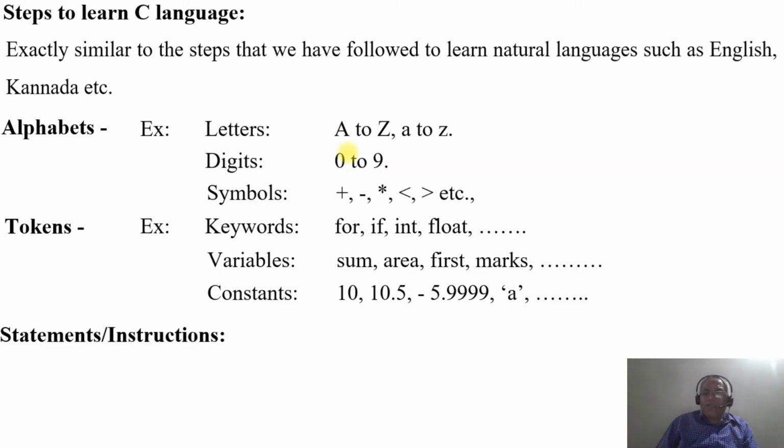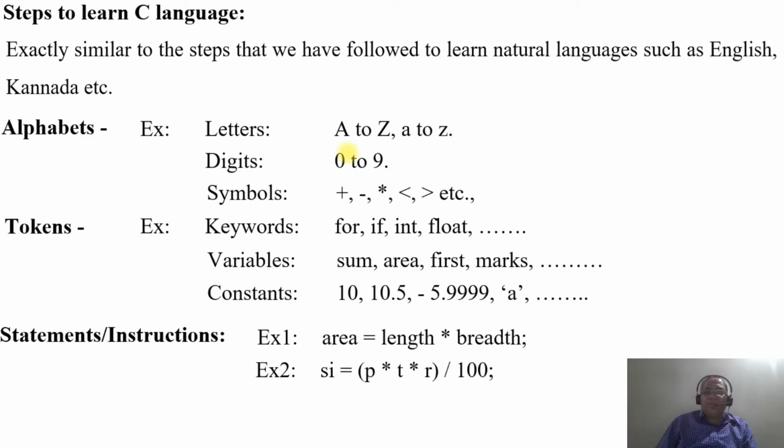Then we come to the statements or instructions. Suppose you want to find the area. Area is nothing but length into breadth, and then you have to use the semicolon there. Another example: if you want to find the simple interest, SI, it is PTR by 100.